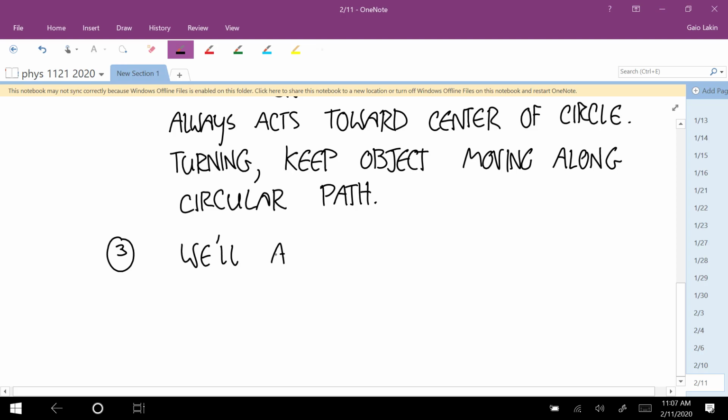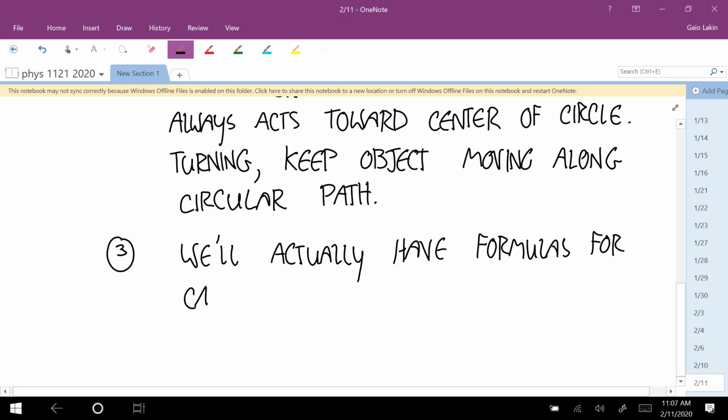So we'll actually have formulas for calculating the tangential and the centripetal acceleration. Okay. Generally, talking about general motion along some general path, we didn't have a way to do that. All we could do is visualize the directions.